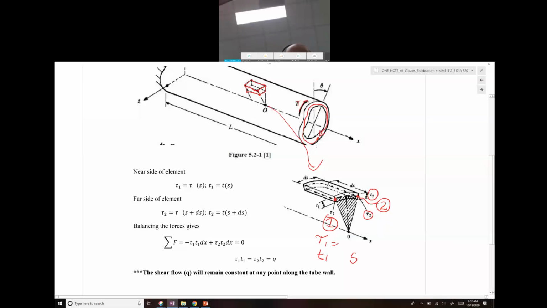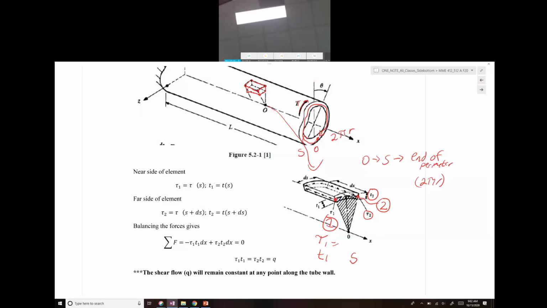The start of the perimeter would be 0, and the end of the perimeter for a circular section would be equal to 2 pi r. So we're going to be at some arbitrary point on our tube, which we'll label S. S goes from the start of the perimeter to the end of the perimeter. For a circle, it would be 2 pi r, but we're doing it for an arbitrary section, so we're just going to use S.